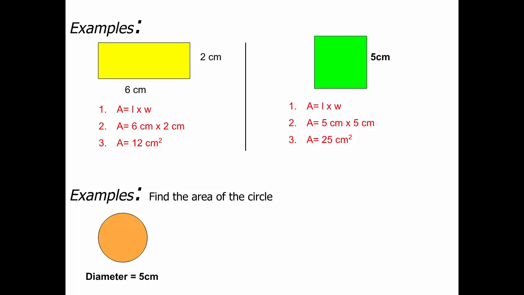Pi times radius squared. Second step. Sandy. Substitute our numbers. What are they? Raise your hand, please. Richard? 2.5. Yep, 3.14 times 2.5 squared.